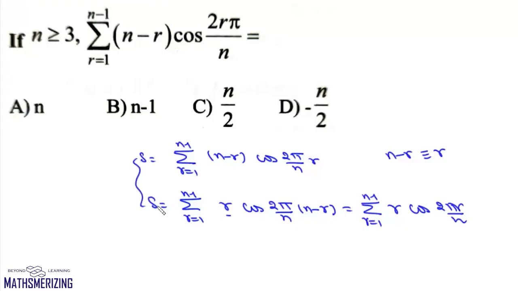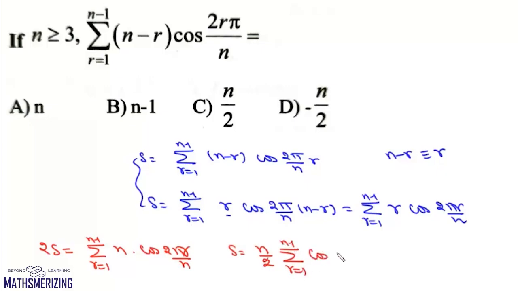Now we'll add them both. If we add them both, we can write 2s as summation r varies from 1 to n minus 1. Now this r and r will cancel, n into cos(2 pi r by n), or s is n by 2 into this summation r varies from 1 to n minus 1 of cos(2 pi r by n).